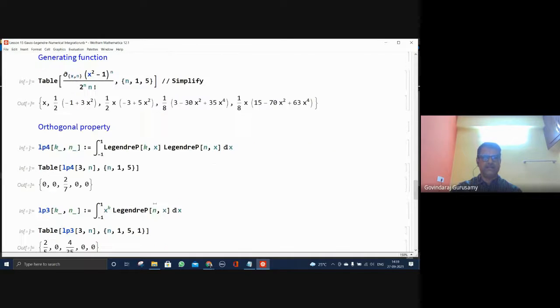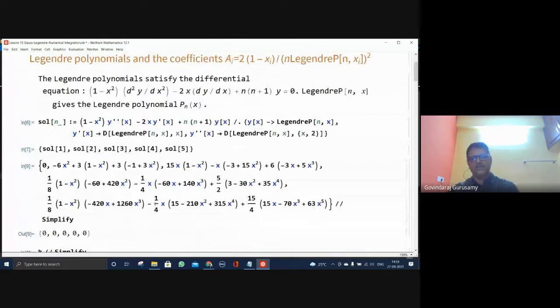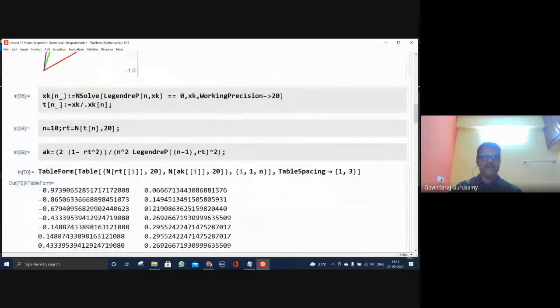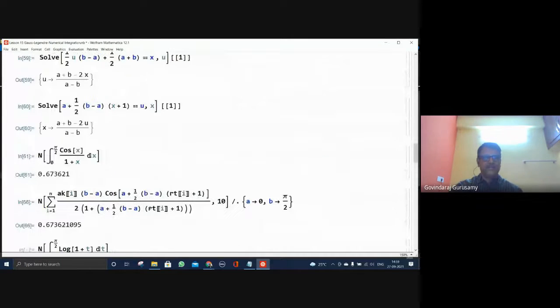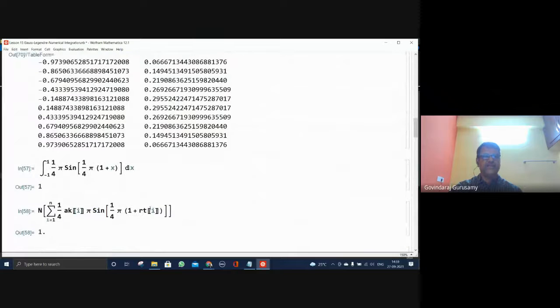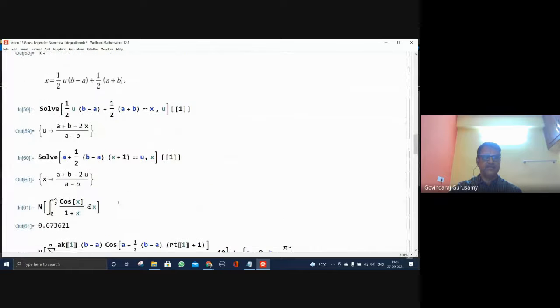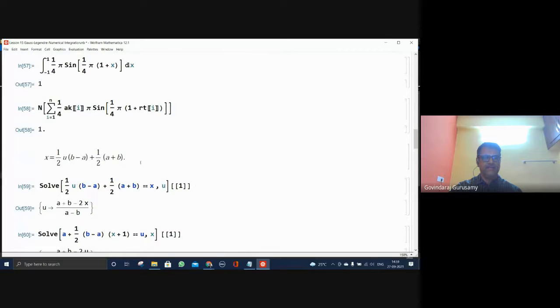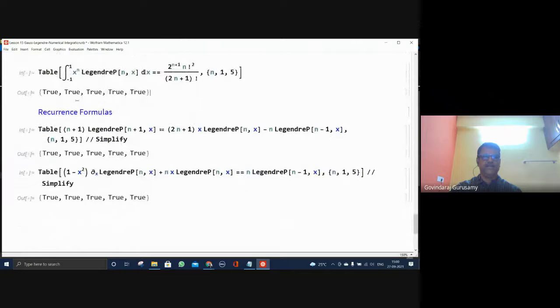Now we can see all about the Legendre differential equation and the polynomial and its properties, and one of the interesting aspects of that is used here to evaluate integrals of a particular type, which is given here, where we try to convert the limits by using this transformation. Using this transformation, convert to -1 to +1 and perform the integration. So it's quite interesting to see. We are able to learn a little on this Legendre polynomial.